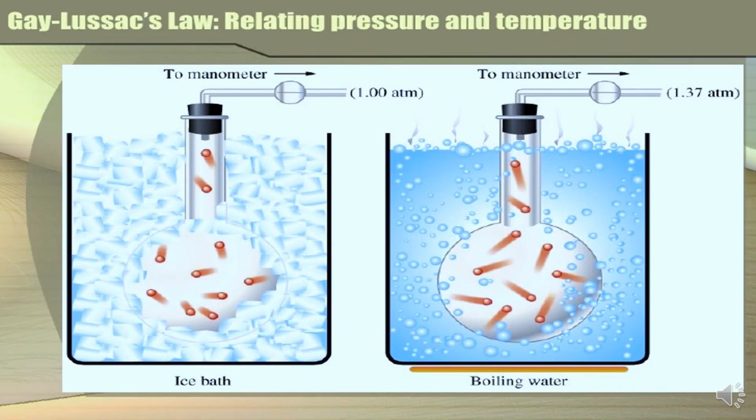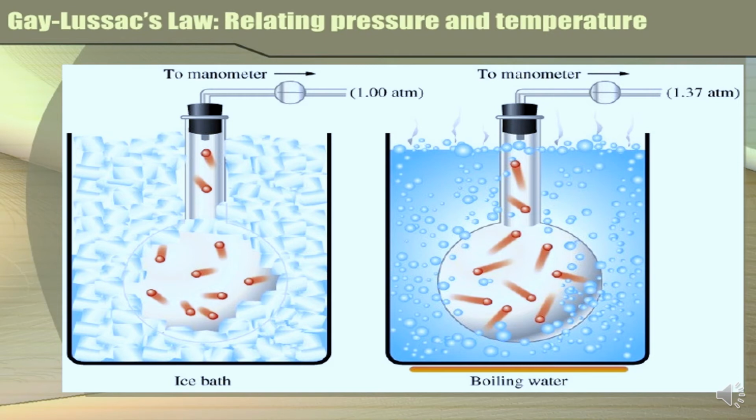Here we can see two different cases. In the first case, a gas is placed in an ice bath, with the same volume and the same amount of gas, and the volume is fixed, and you can see that the pressure in the manometer comes out to be 1 atm. But in the second case, when the same volume and same amount of gas is placed in boiling water, the pressure increases to 1.37 atmosphere. That means when we increase the temperature, what happens?